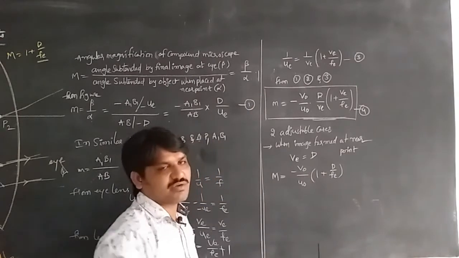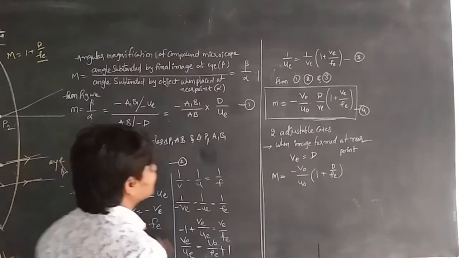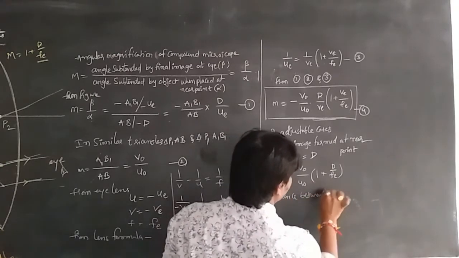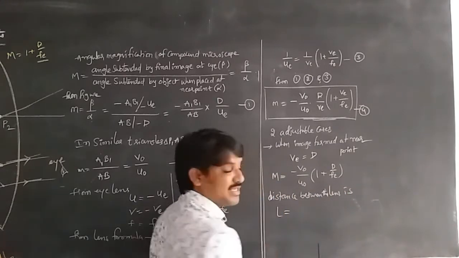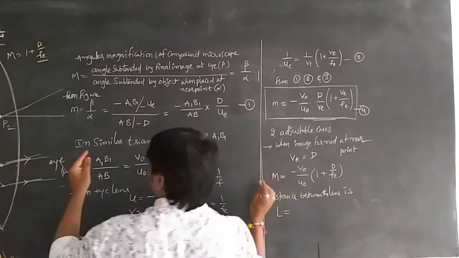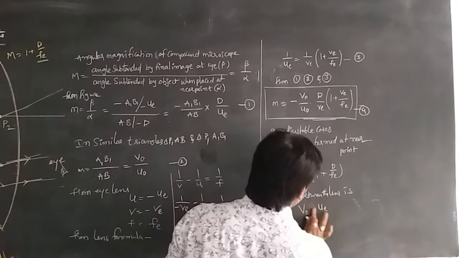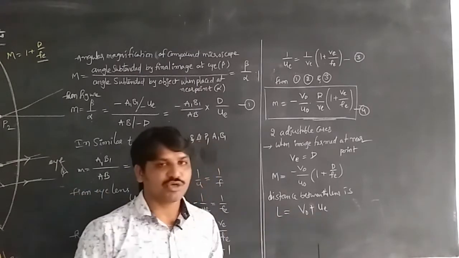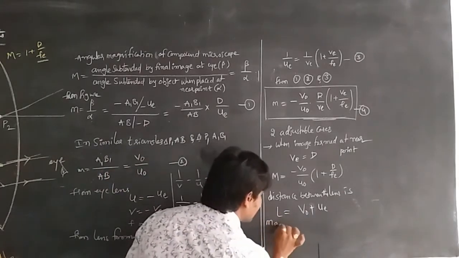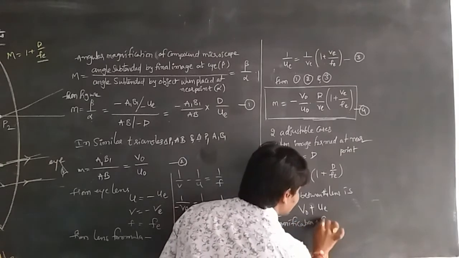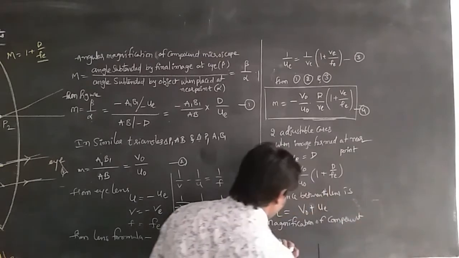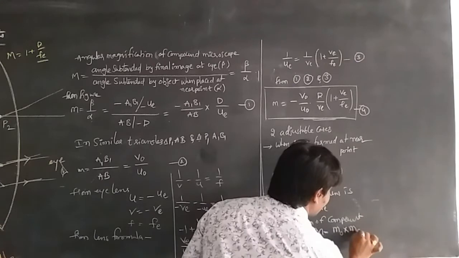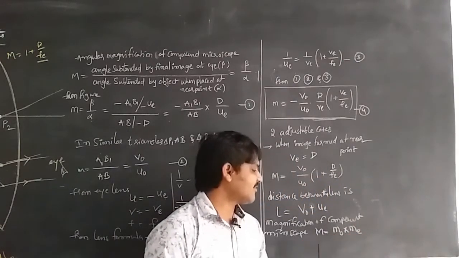We know the distance between the lenses: let L be the distance between the two lenses, L is equal to V naught plus UE, the distance between the objective piece and the eyepiece, as we can see in the earlier diagram. The magnification of a compound microscope is m is equal to magnification of the objective piece into magnification of the eyepiece.